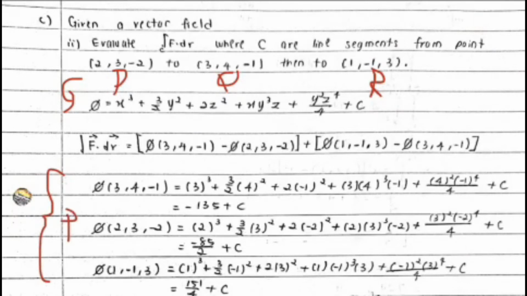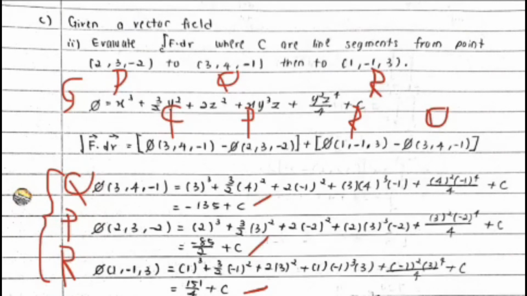This is for point P, this is for point Q, and this is for point R. So when we substitute the points into phi, we will get these three potential function values. The integration of F dot dr is actually the subtraction of two points, which for the first one is the potential function of Q minus the potential function of P, plus the potential function of R minus the potential function of Q.